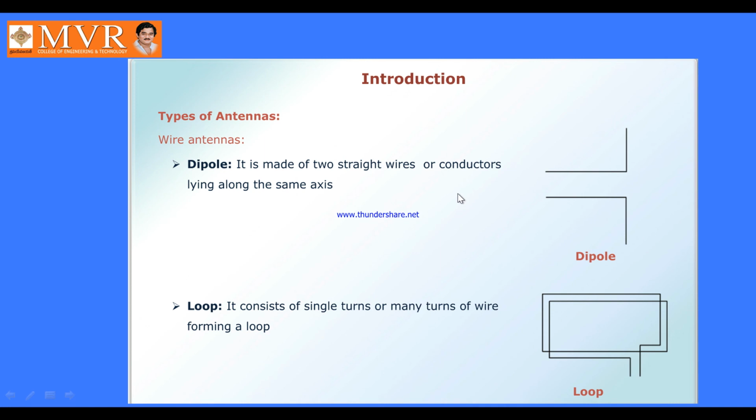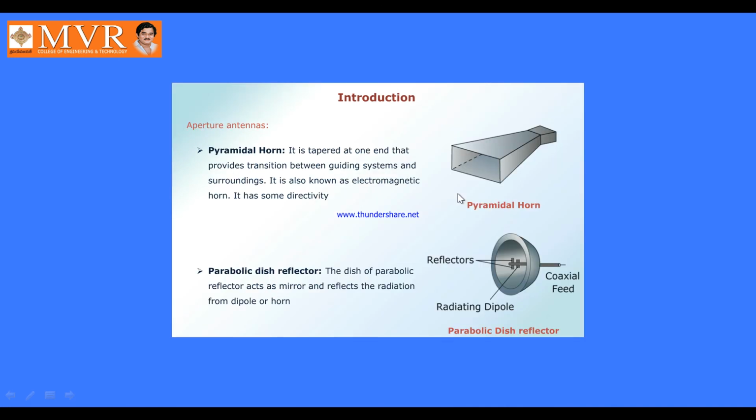Next, based on the structure, we can name it the pyramidal horn antenna. And the next one is a parabolic antenna. The parabolic antenna is like this.